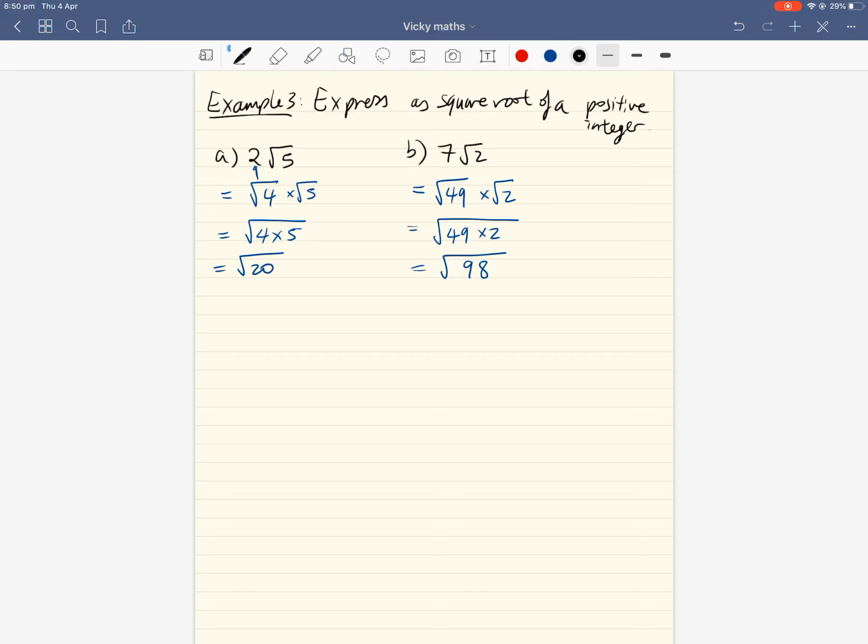So the relevant exercises to do: exercise 3A, page 169. Simple familiar questions.